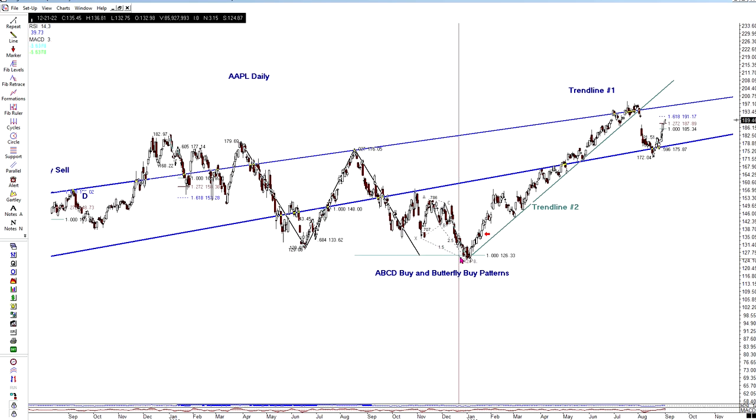Back here in late December 2022, everything was still looking very bearish. People were still bearish. You get this big ABCD buy pattern, and you get this butterfly buy pattern right into the same place, and then the market starts to move up again.